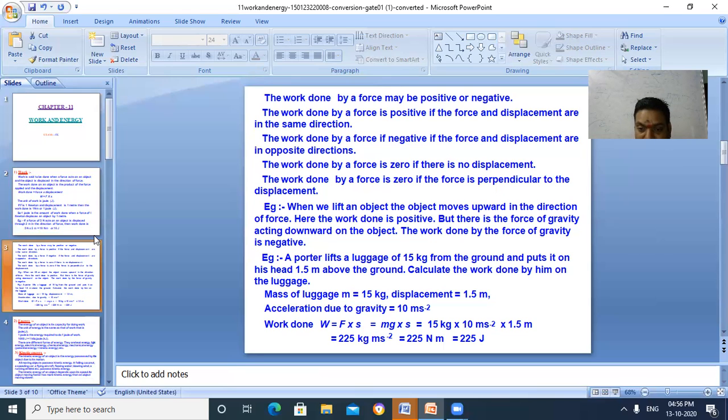That is how it comes as kg meter per second square into displacement in meters. Actually it should be defined as kg meter square per second square. Anyway, 225 Newton meter is 225 joules.